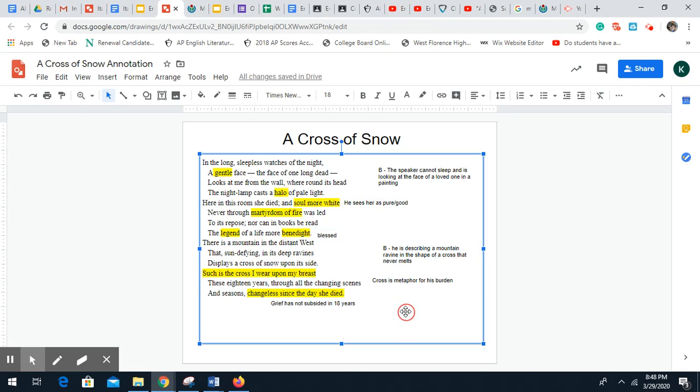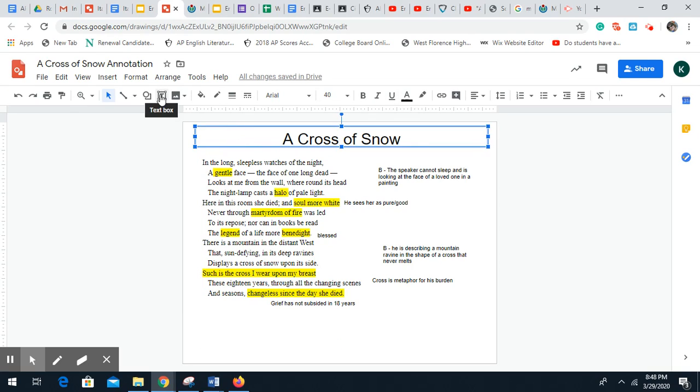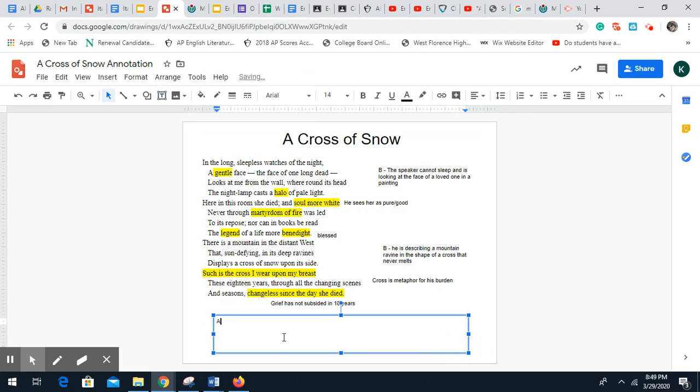So then, if we come up with the attitude, I think this attitude in this poem is probably not too difficult to come up with, but we could say sad, mournful. We might even go so far as to say guilty. Why hasn't he gotten over her death in 18 years? Perhaps he feels a little bit of survivor's guilt, like he couldn't save her. Those could be words that would describe the attitude.